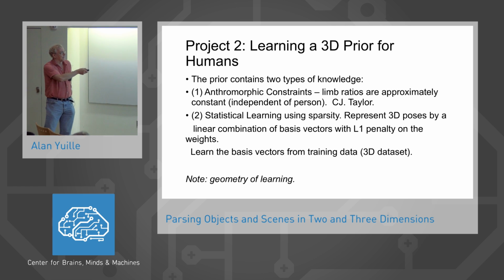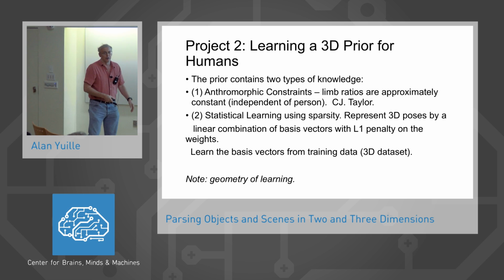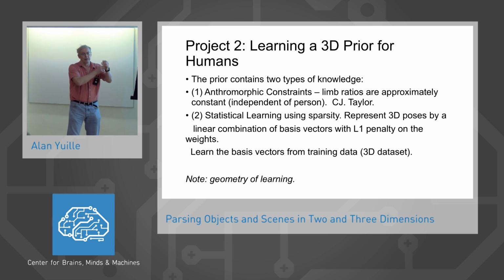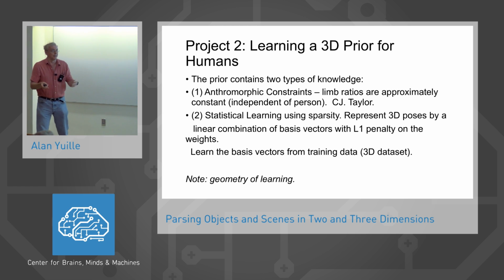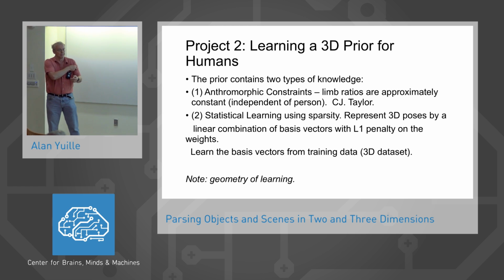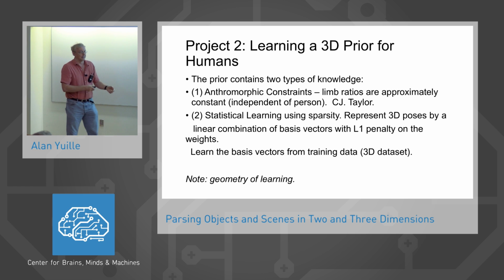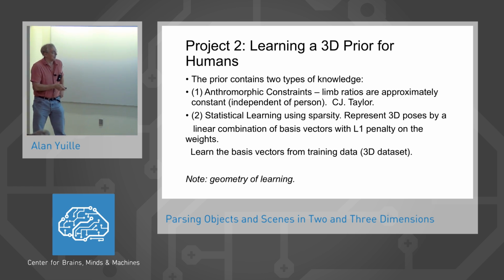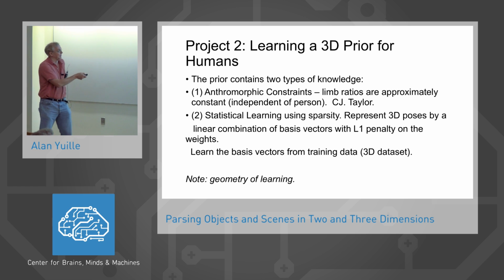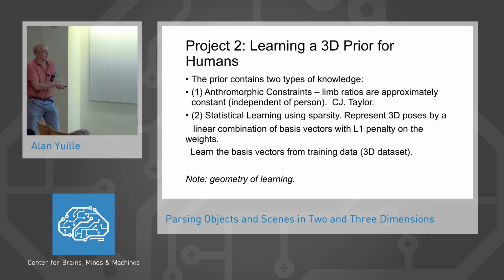One is an anthropomorphic constraint, which claims that the limb ratios are roughly constant. So the ratio between my upper arm and my lower arm, my upper arm may be longer than that of somebody in the audience, but the ratios are supposed to be roughly the same. And similarly, the ratios between my arms and the limbs are claimed to be similar. C.J. Taylor, I think, was the first person in vision who exploited that.